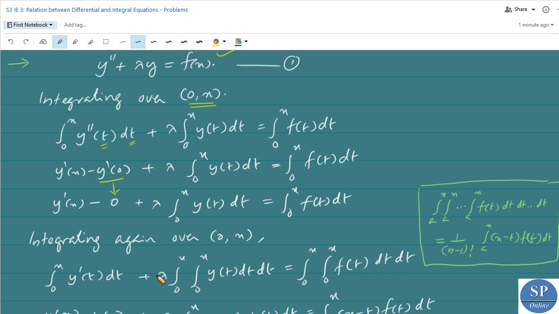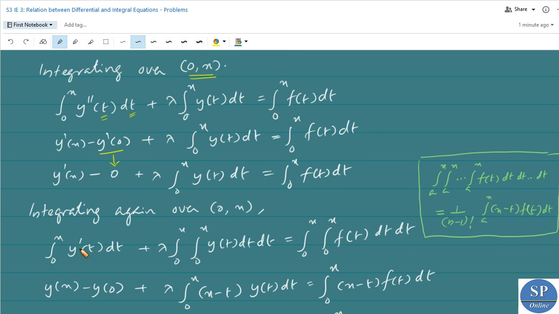Now here the integral of y dash of t is nothing but y, and applying the limits we will get y of x minus y of 0. So plus lambda into, by applying this formula we already discussed, which is also called the replacement formula.